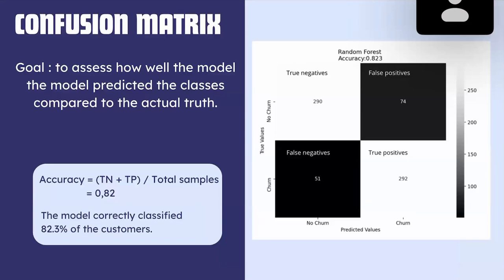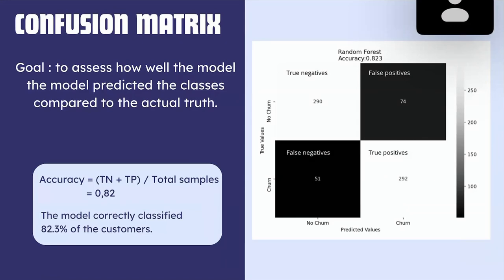For example, in the random forest grid search model, the confusion matrix revealed a high number of true positives and true negatives. The high true positive rate, correctly predicting churn customers, indicates that the model can effectively identify customers at risk of leaving.